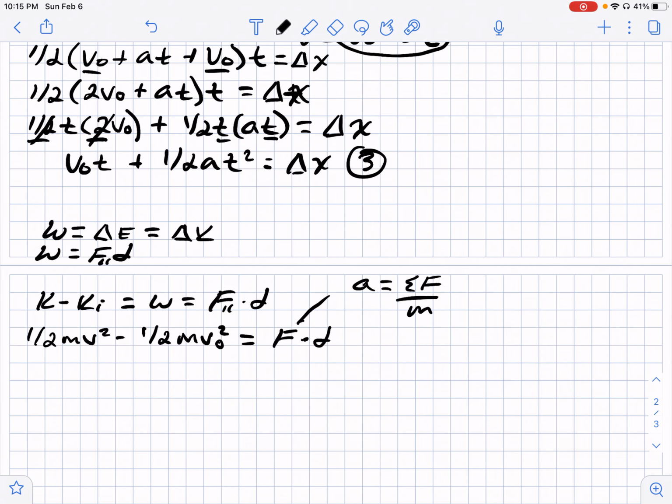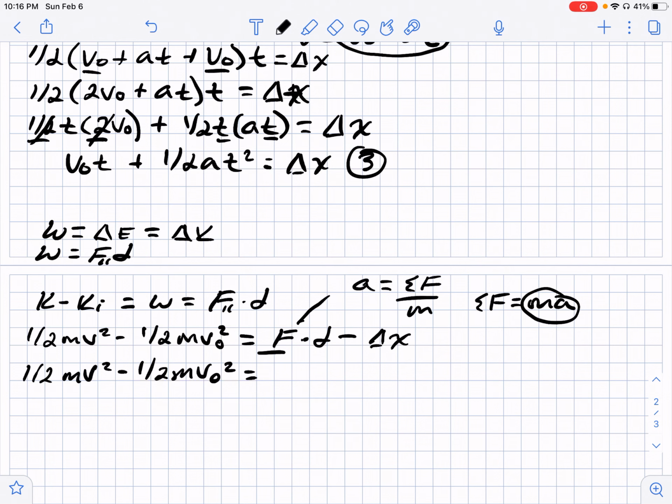If we rearrange that for net force, it equals mass times acceleration. We're going to plug that in for this force. This d here, we're just going to change that to a delta x. So now I'm left with 1/2 mv squared minus 1/2 mv naught squared equals, let's go ahead and do our substitutions, mass times acceleration times delta x.